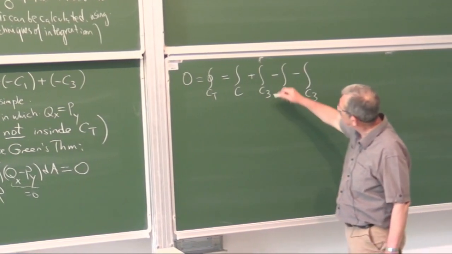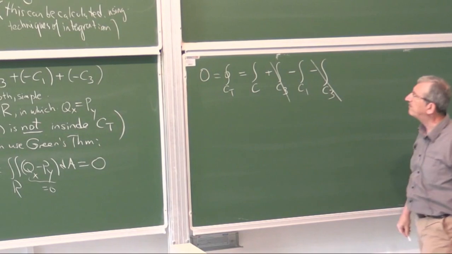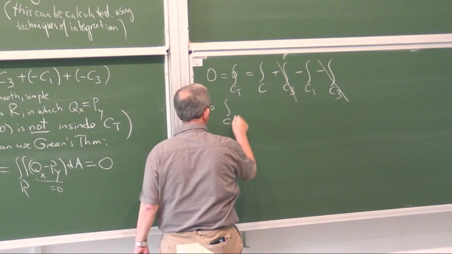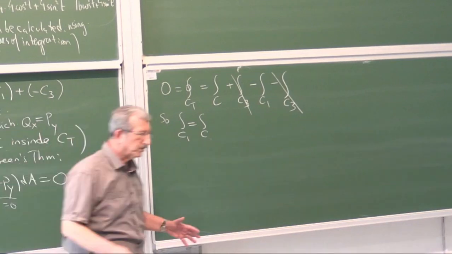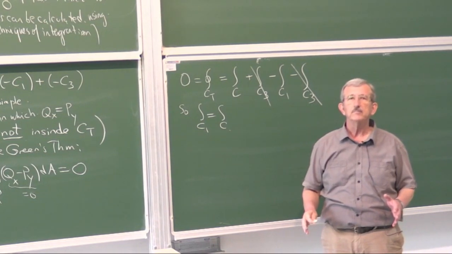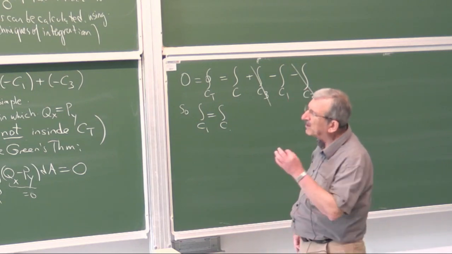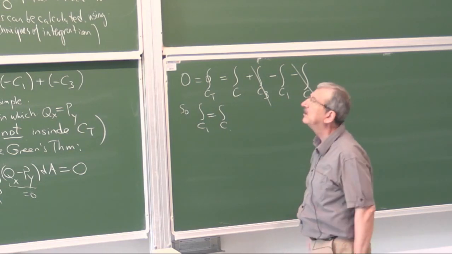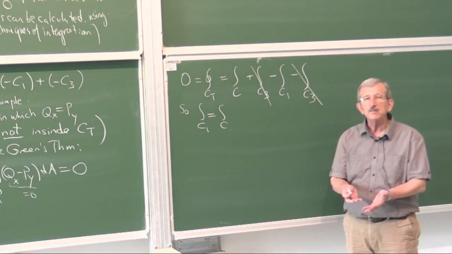But I know something else. Integral over C3 is canceling with negative of it. And what this says is that integral over C1 is the same as integral over C. Now, this is an important result, and this has nothing to do with our particular example. Namely, if you have a problem point, just one single point, as in this example, at 0, 0, the closed curve you draw around it does not matter.